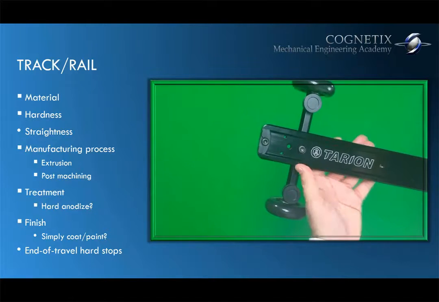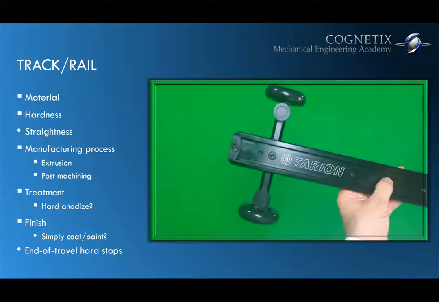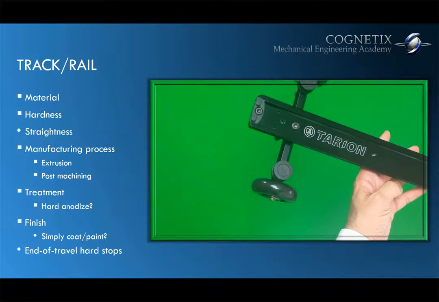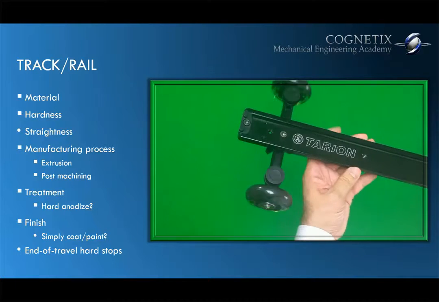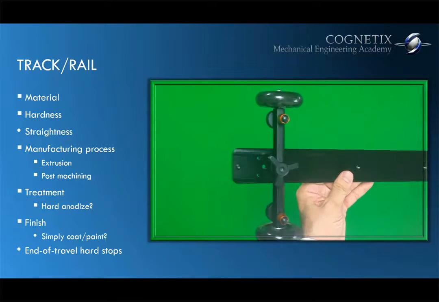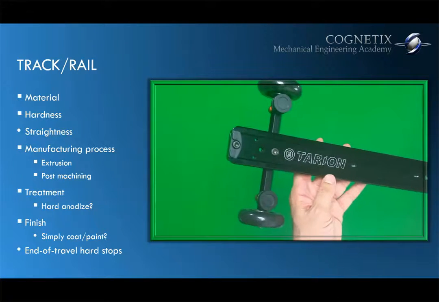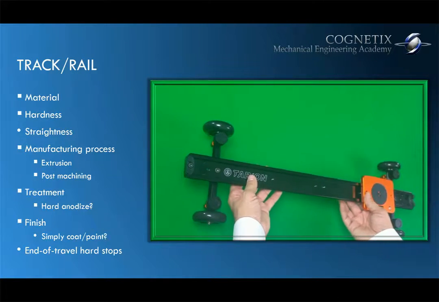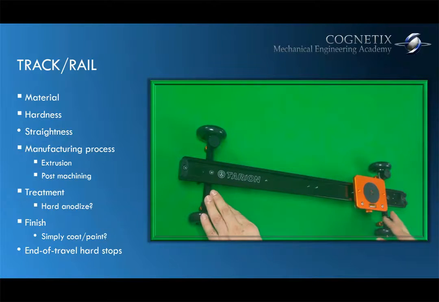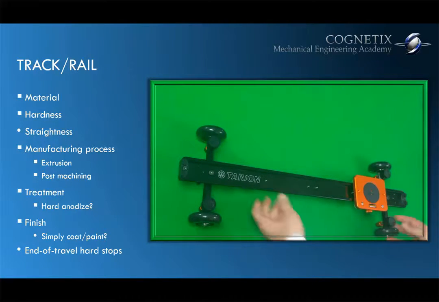If they didn't black anodize it, they probably coated or painted it in some way. Again, I'm not looking at the engineering drawings, so I don't know exactly what they did to the rail and the other components.